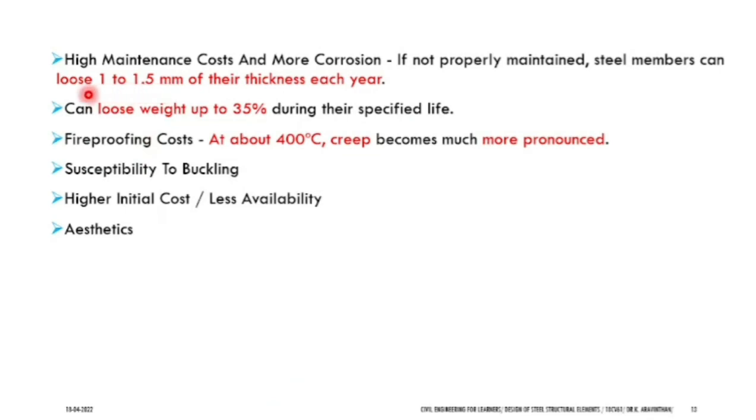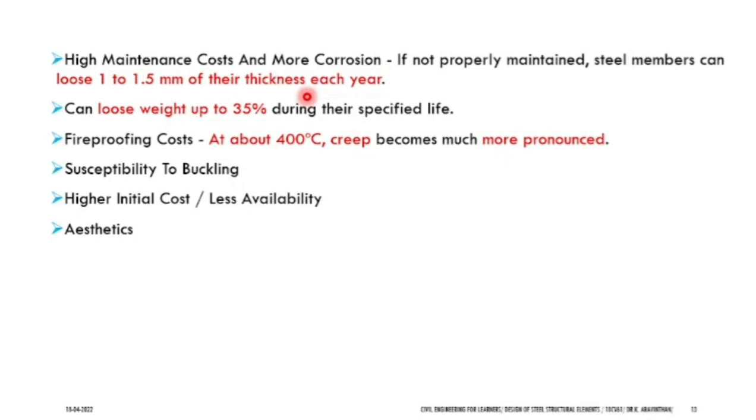See, this is a statistic. The steel loses 1 to 1.5 mm of its thickness each year. If you are having a section of 10 mm, what happens? After 1 year, the section will become 9 mm. It reduces its thickness. If you are going for the third year, it reduces further to 8 mm.